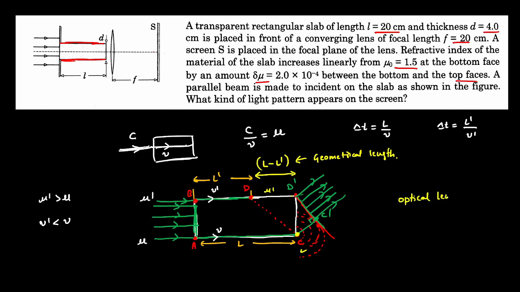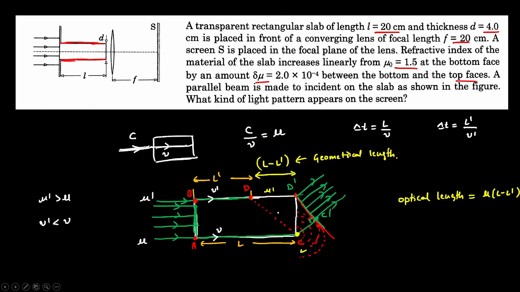So the optical length between D to D dash is nothing but mu times L minus L dash. This is our optical length. So D to D dash is the actual geometric length, but since we are dealing with optical length, it is slightly more than D to D dash.